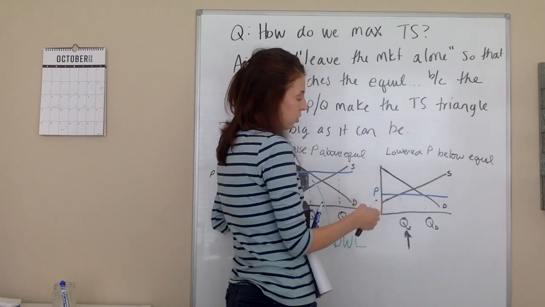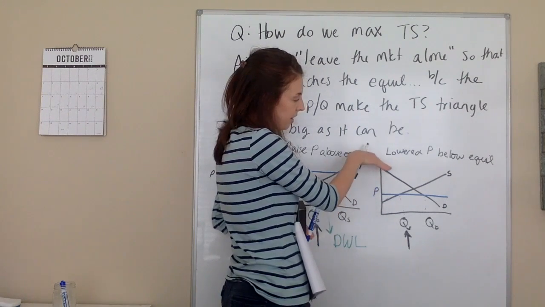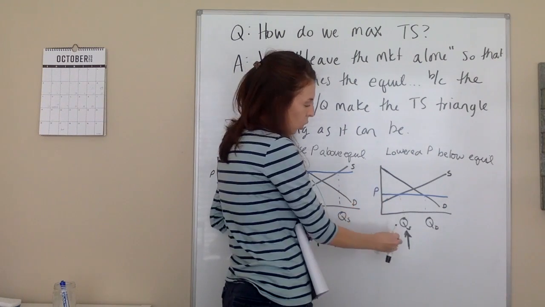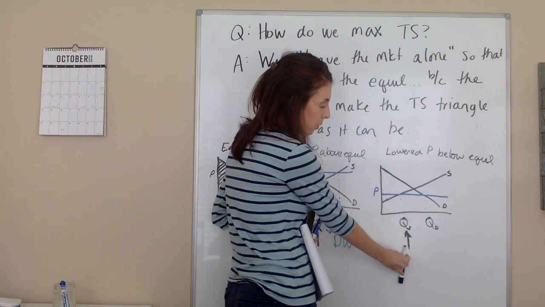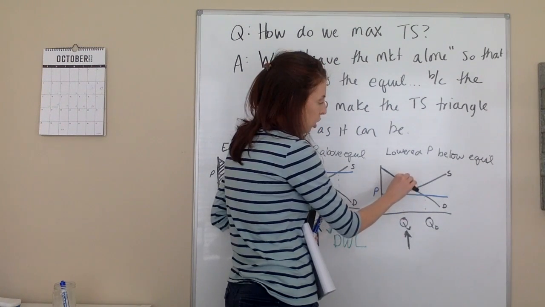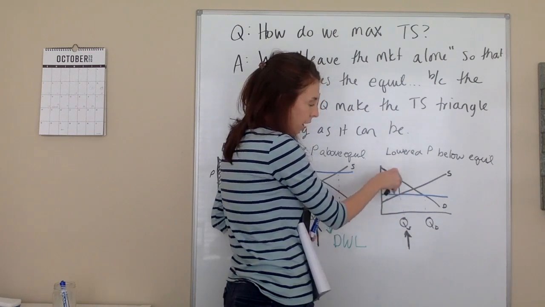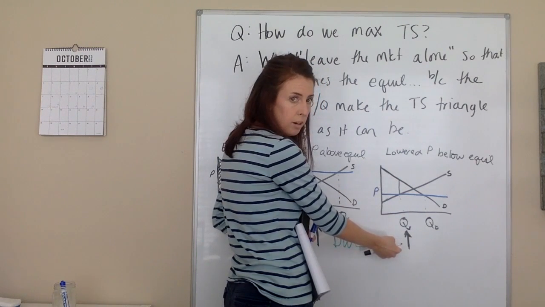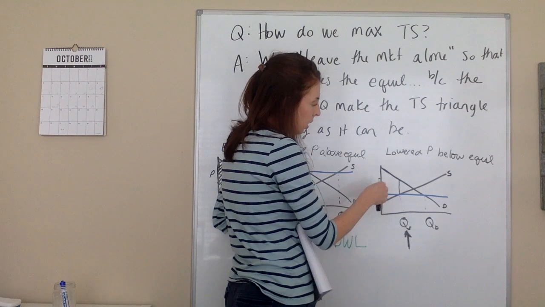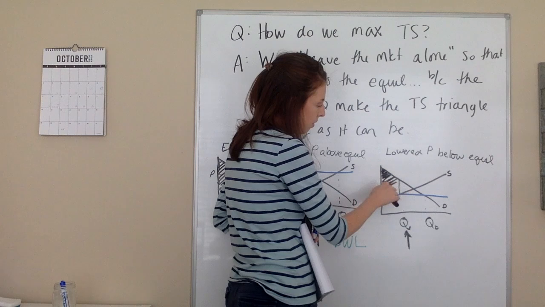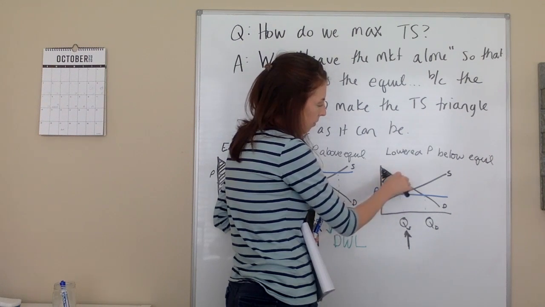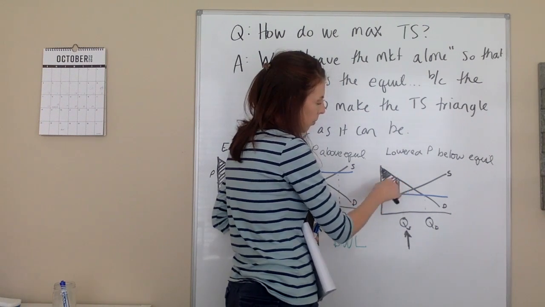Okay, so let's think about consumer surplus. Consumer surplus is the area that's underneath the demand curve above the price. Well, we've truncated ourselves right here because now this is the new smaller number of units that are exchanged. So we're going to stop ourselves right there because this is the quantity that we've maxed out at. We're going to take the area that is below the demand curve and above this lower market price.